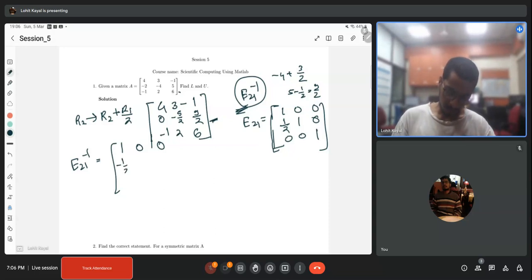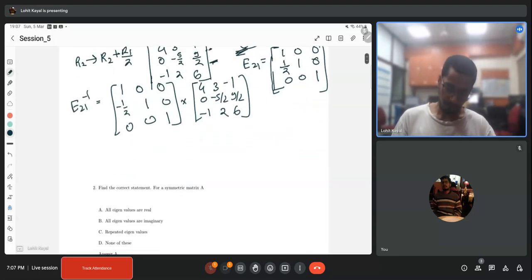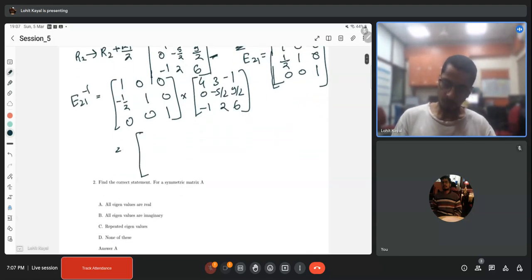This is E21 inverse, and I multiply it with this matrix, 4 3 minus 1, 0 minus 5 by 2, 9 by 2, minus 1 2 6. The first row will remain the same.